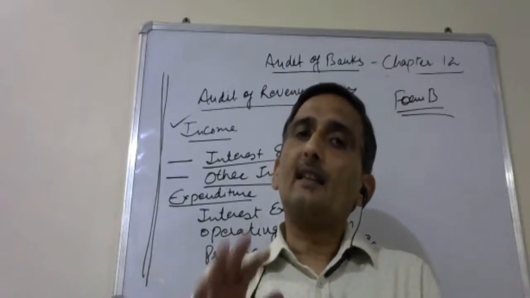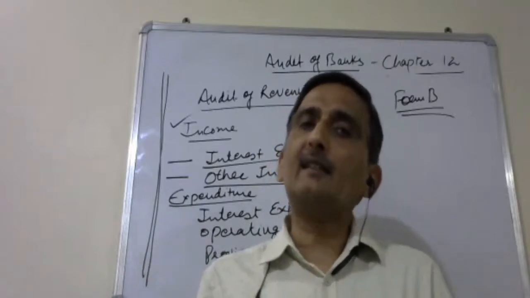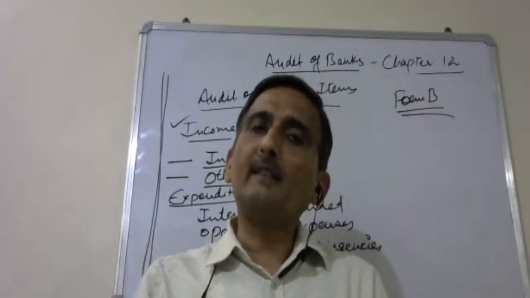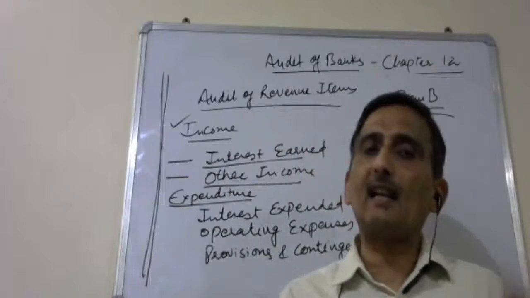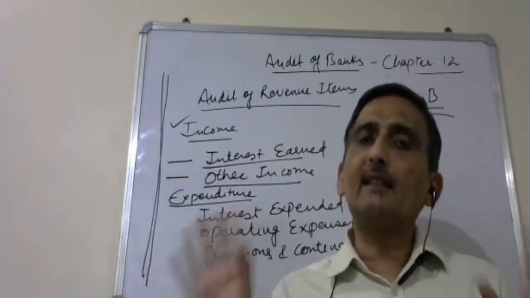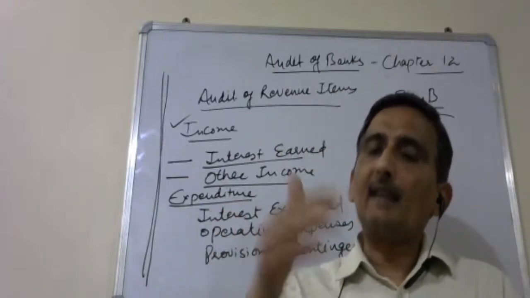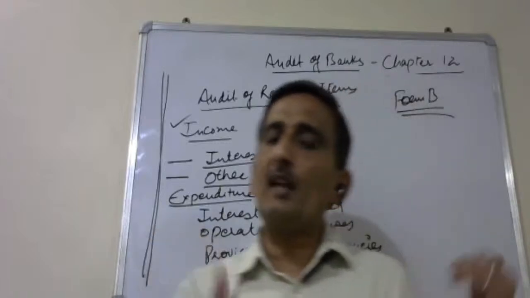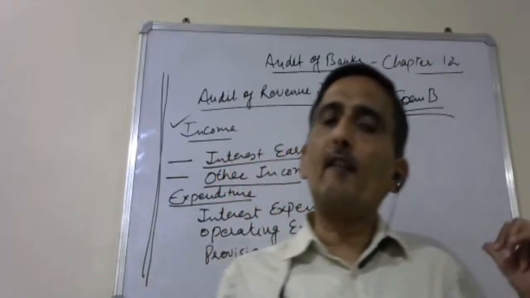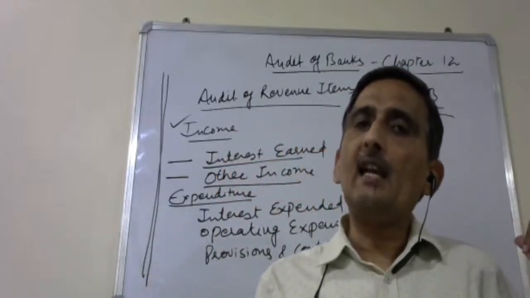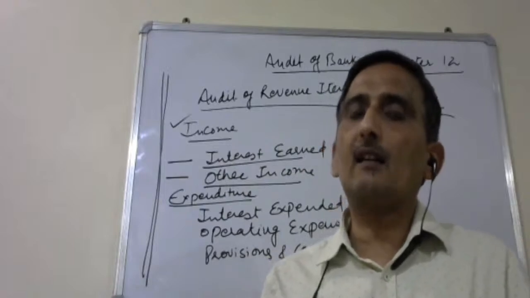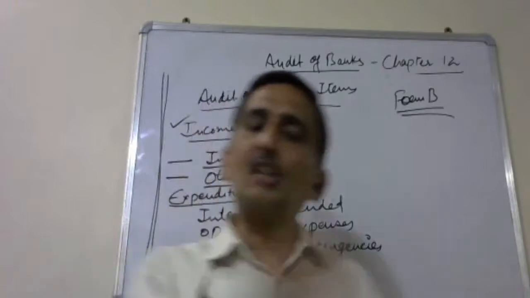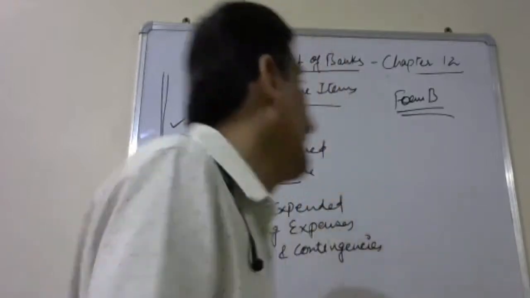That amount of interest pertaining to the following year is to be separately shown under the head other liabilities, and it is not to be booked as income. Otherwise, the matching principle would be violated, because we have to show income only for the year under audit, because expenses are also in relation to that income. Okay.